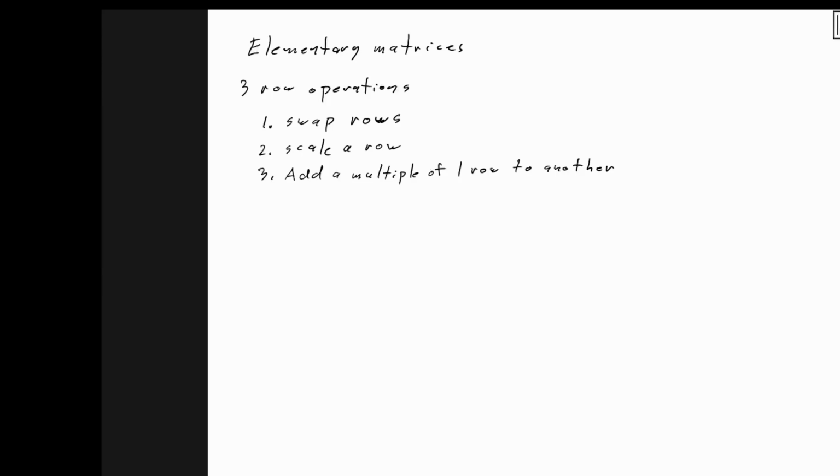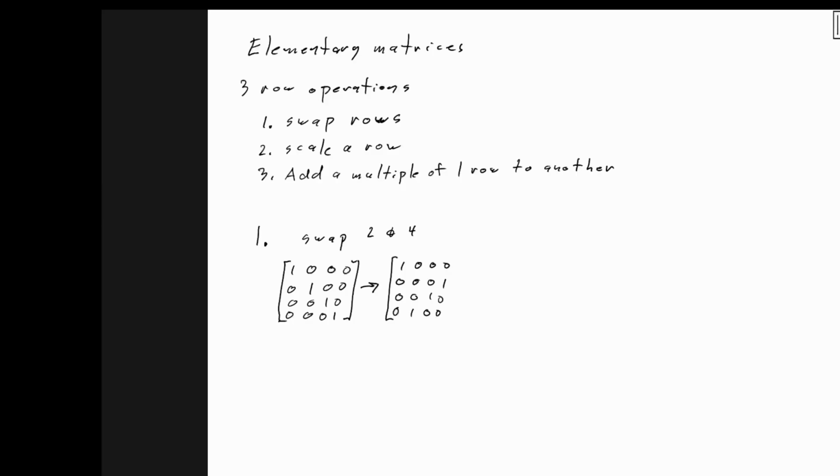So to swap rows, say we're working with a 4x4 matrix, if I want to swap rows 2 and 4, what I do is I take my identity matrix and I swap rows 2 and 4 in that to get this matrix.